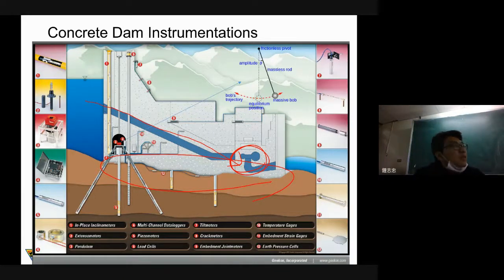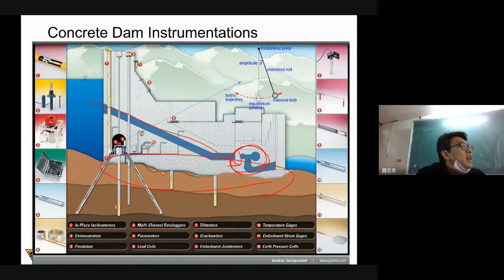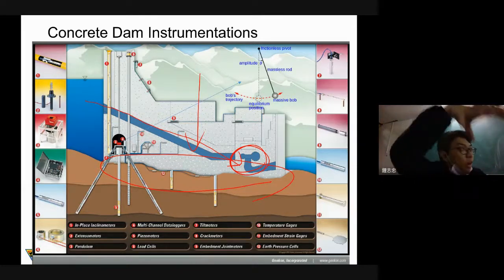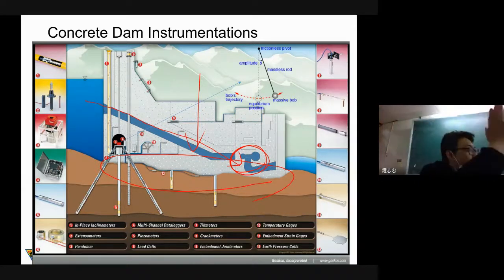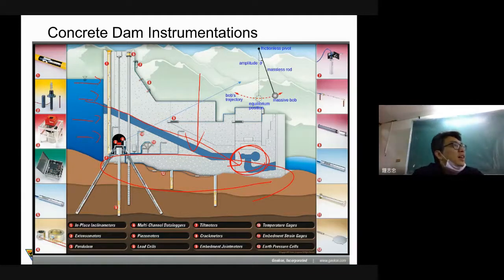So there is a good question: how can you make sure that the foundation of this dam is stable or not? Because this is a gravity dam, we use its own gravity to resist the water pressure. So I may give you a hint.